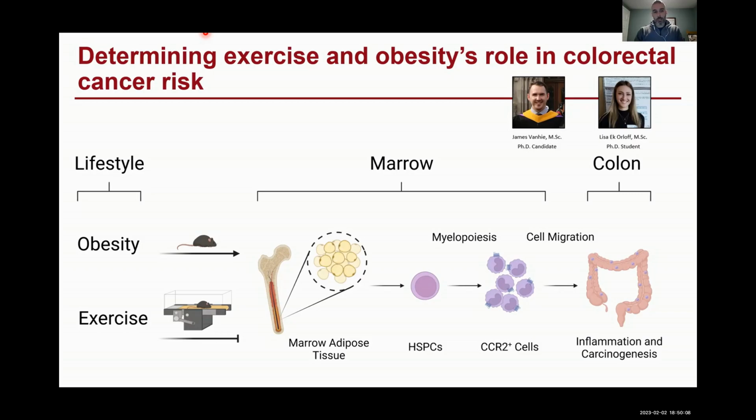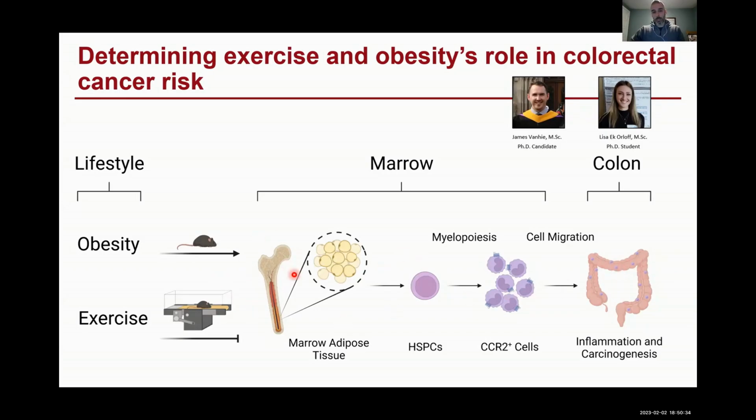And so we were trying to understand mechanistically how that's happening. Our hypothesis is that obesity and exercise are having opposite effects inside of our bones, which is where your blood cells get made. When you have obesity, that increases the production of pro-inflammatory cells that can leave the bones, go to the colon, and initiate colorectal cancer.